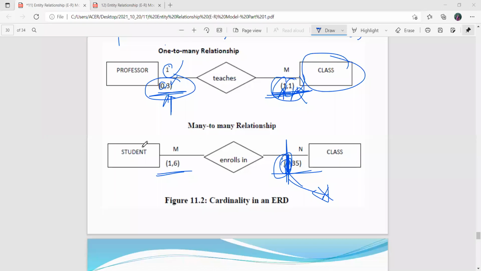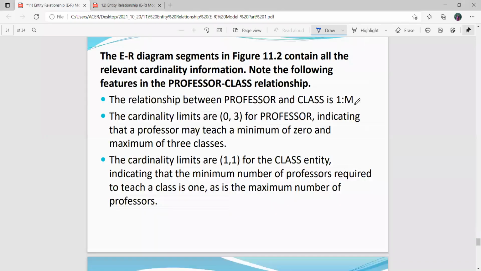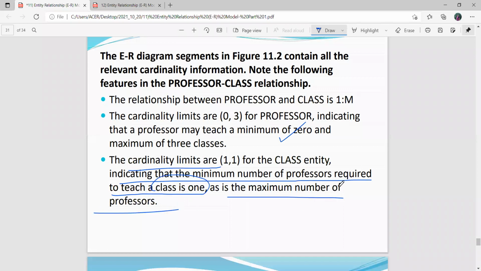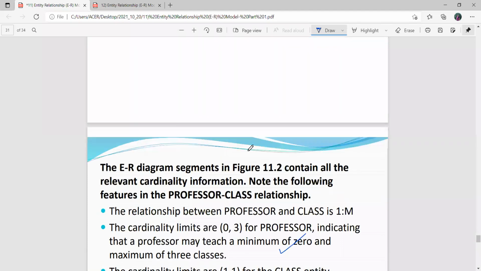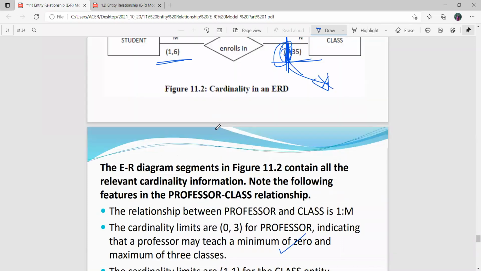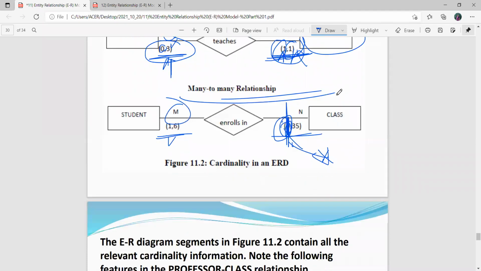When we consider this student, the cardinality limit 1 for the class entity indicates that the minimum number of professors required to teach the class is 1 and the maximum number of professors is 1. Like this, the cardinality is always given. So there is no need to express this cardinality in the ER diagram, it only repeats this.